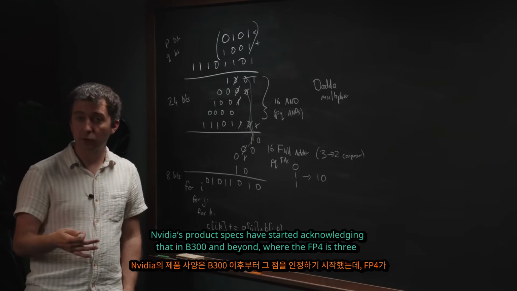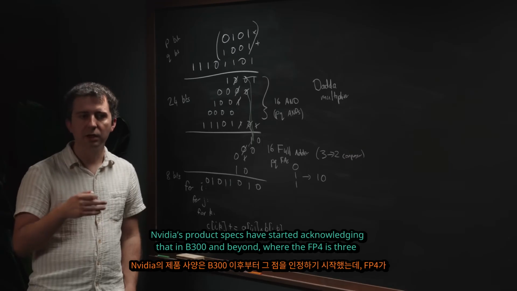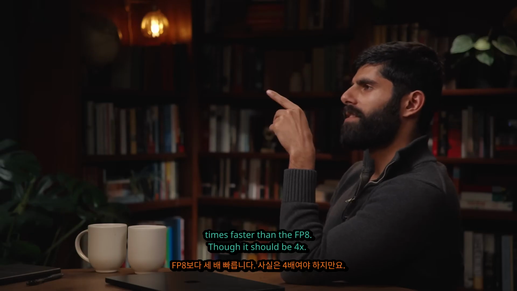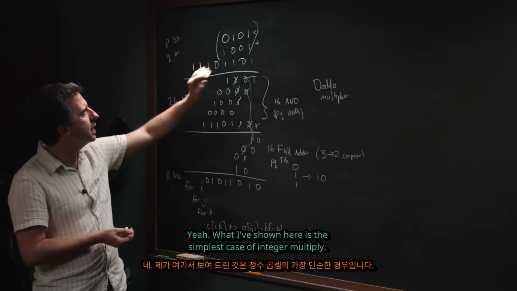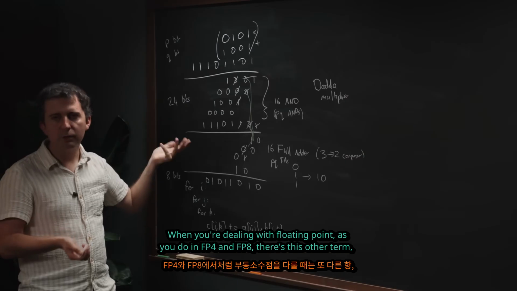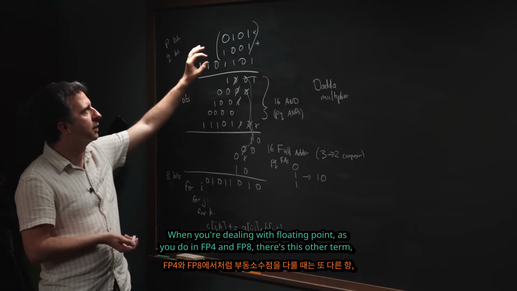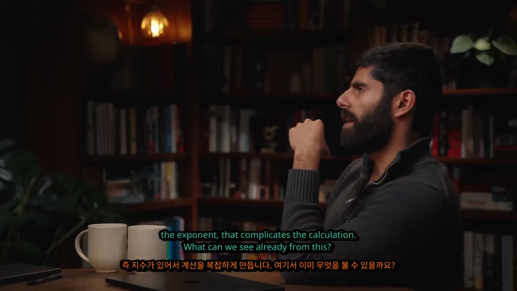NVIDIA's product specs have started acknowledging that in B300 and beyond, where FP4 is 3 times faster than FP8, though it should be 4x. What I've shown here is the simplest case of integer multiply. When you're dealing with floating point, as you do in FP4 and FP8, there's another term, the exponent, that complicates this calculation.